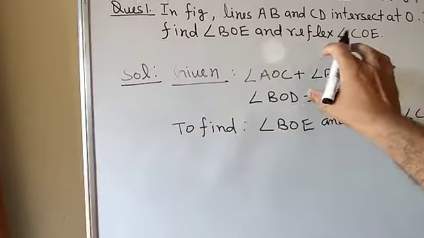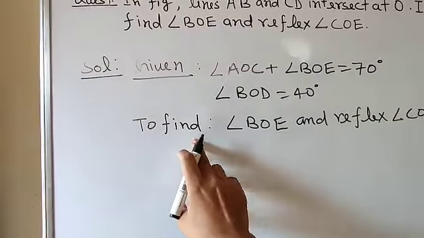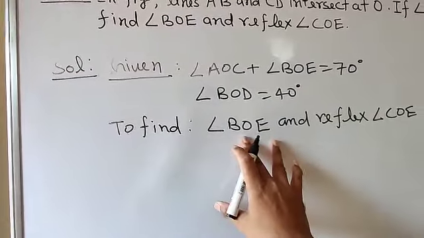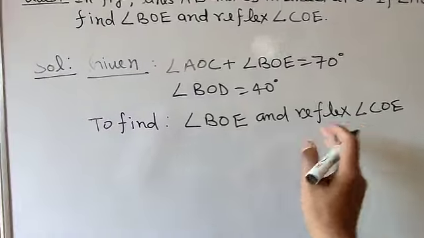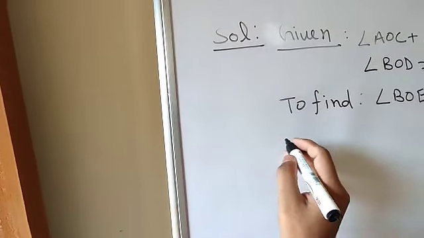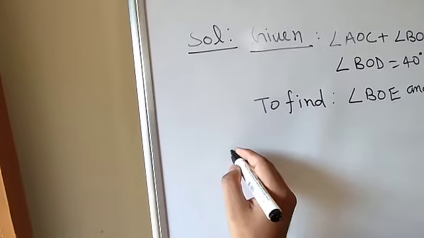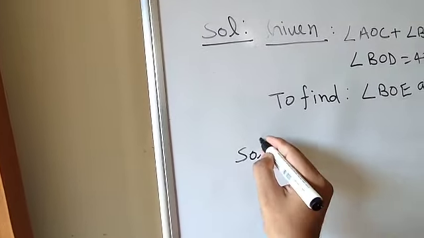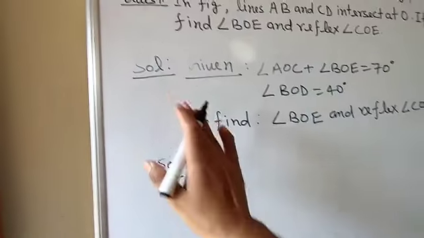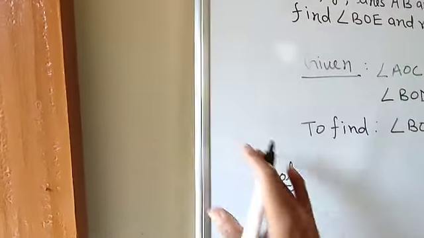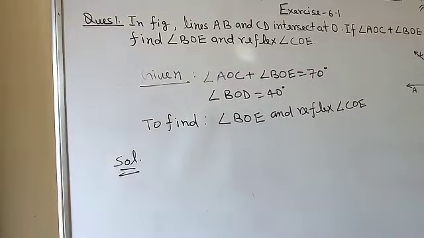So in the question these values are given, and you need to find the value of angle BOE and the reflex of angle COE. Now from here I am going to give the solution.